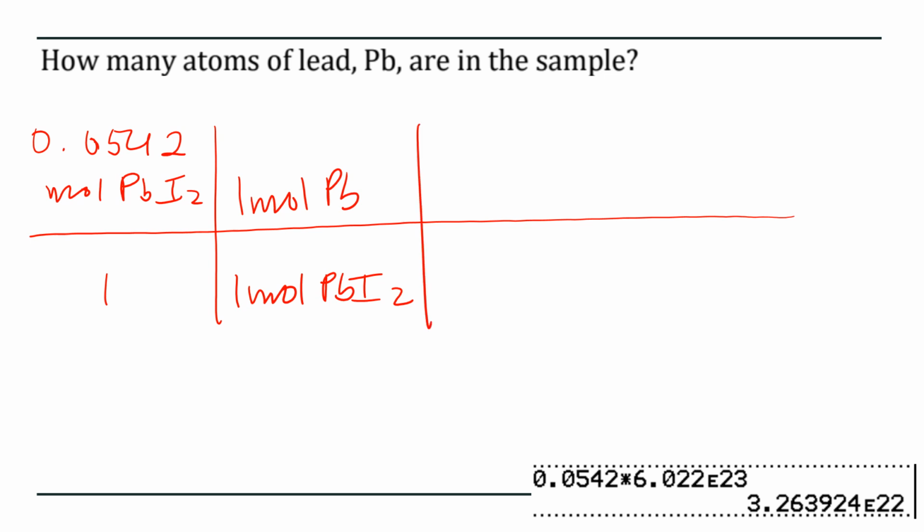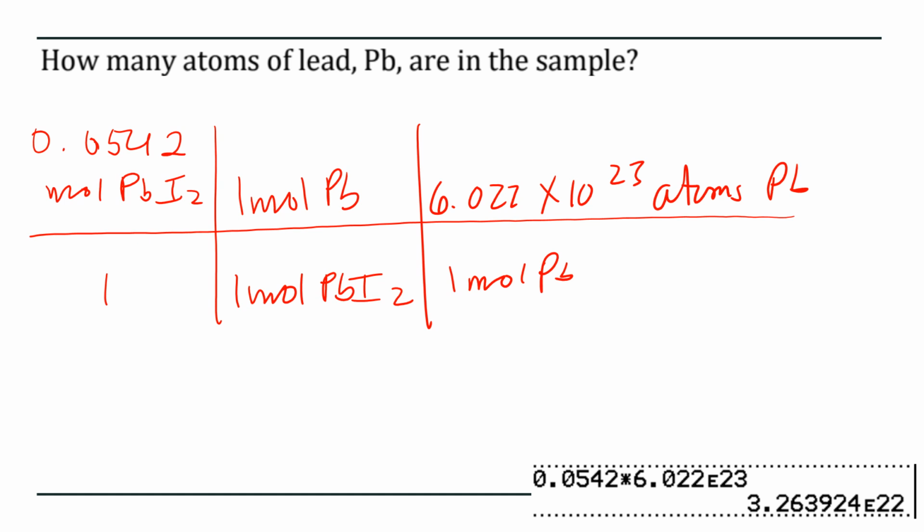If it were asking for the atoms of iodine, you would use 2 moles of iodine. So 1 mole of lead is 6.022 times 10 to the 23 atoms of lead. Double slash. So you just multiply across, and there's all these ones, so we're good.